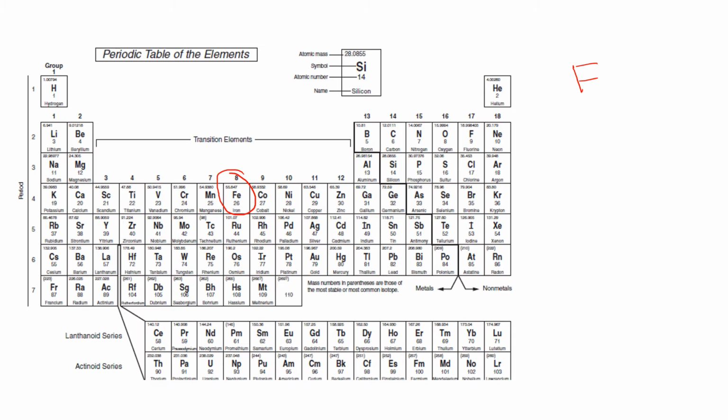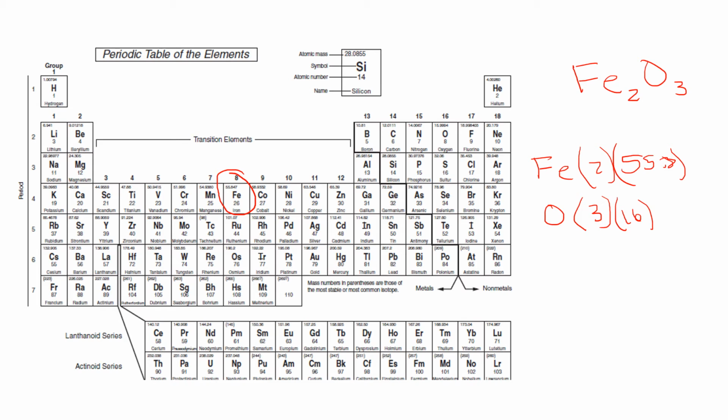So if I'm going to do iron 3 oxide, I've got 2 moles of iron, 3 moles of oxygen. My molar mass for iron is 55.8. We'll just round it to the 10th place. And oxygen is going to be 16.